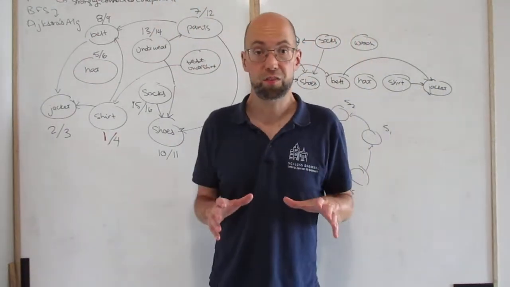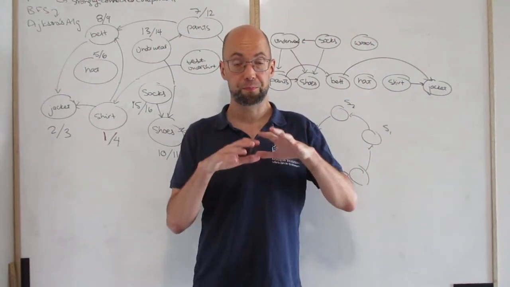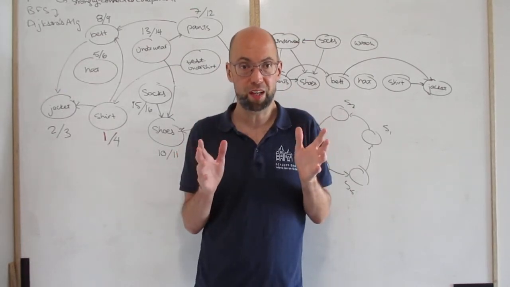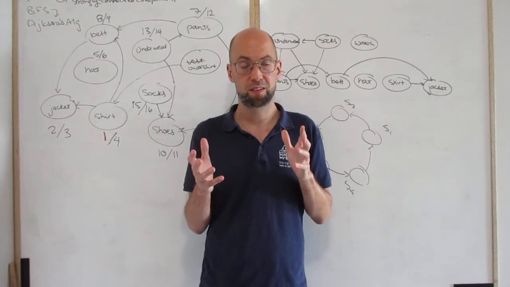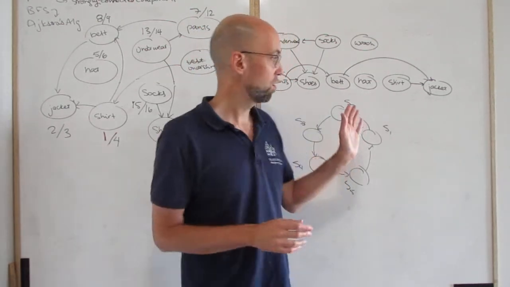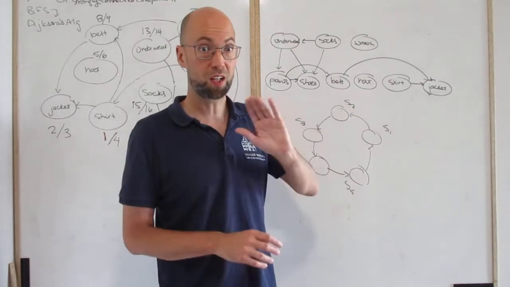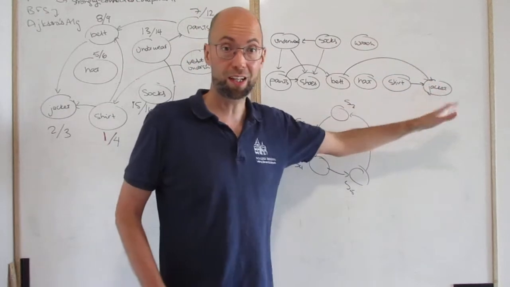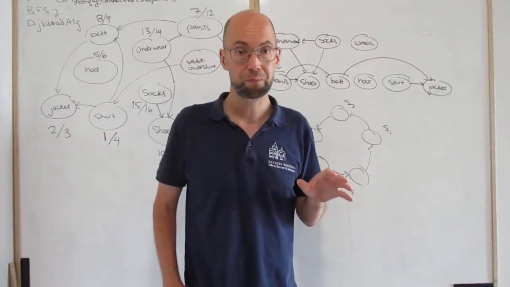Your DFS from that vertex is going to include everything that's reachable from the vertex that hasn't been visited yet. If it's reachable and it's already been visited, great. Then it's been dealt with, it has a finish time, and it's in the list, so it's further to the left than the place where you started.